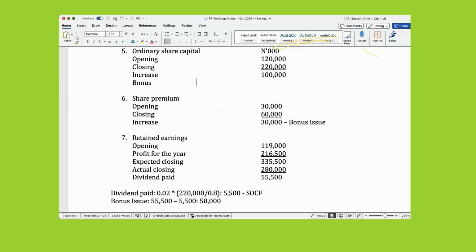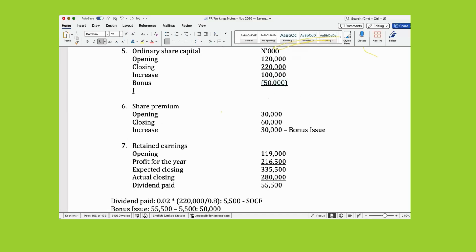So the bonus element is 50,000. The balance is issue of shares, which is 50,000. So this one cannot be bonus. We already dealt with the bonus. So this is simply arising as a result of issue of shares.